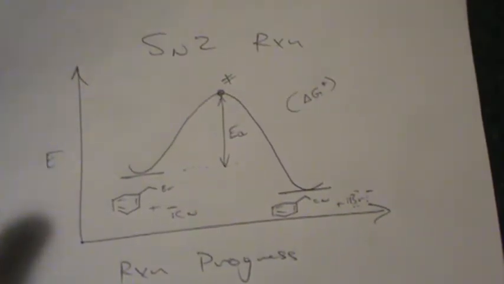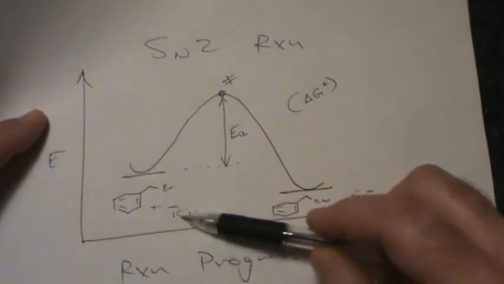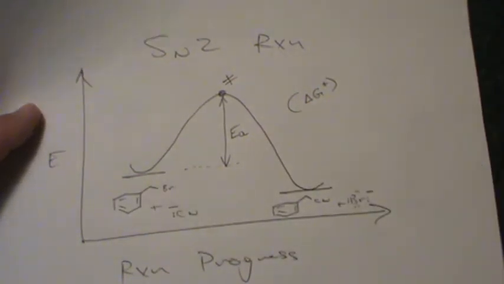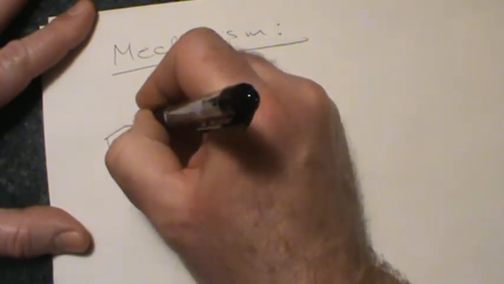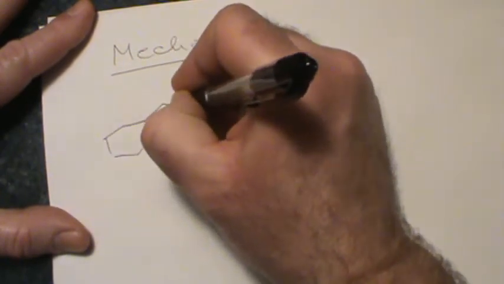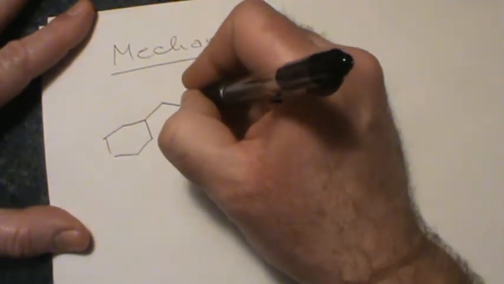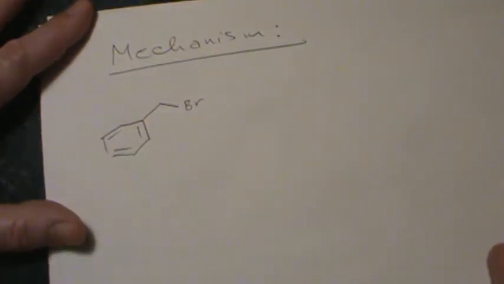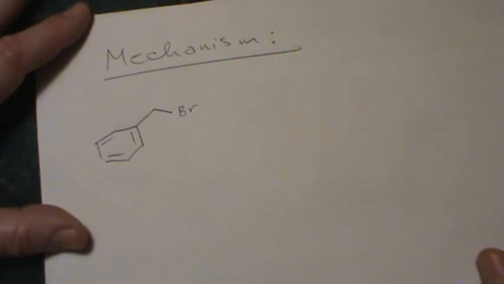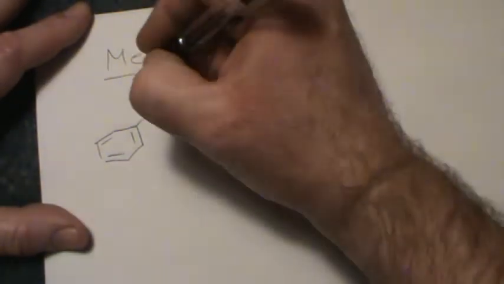One of those two things must be happening here with this benzylic system, otherwise this SN2 reaction wouldn't be remarkably fast as it is. Well, if we look at the mechanism, we'll figure out that in fact what's going on is that the transition state energy is lowered when we run SN2 reactions with either allylic or benzylic substrates.